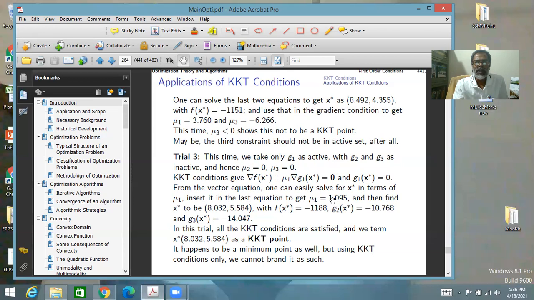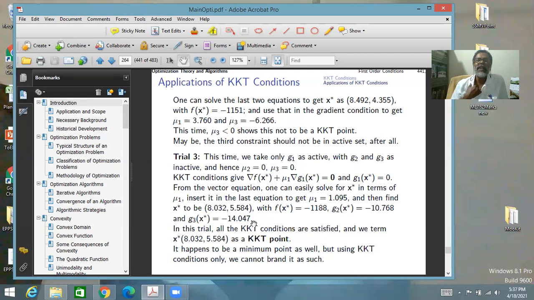So first you get mu1, then by putting that mu1 in the solution that you got from here, you get x star. You evaluate the function, and to check that the active set was really what we assumed, you evaluate G2 and G3 and find that both are negative, as they should.